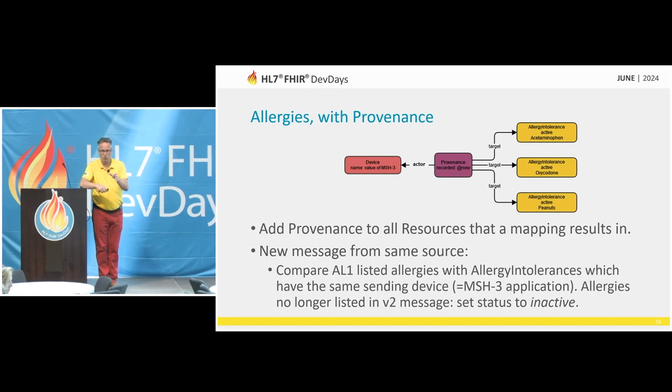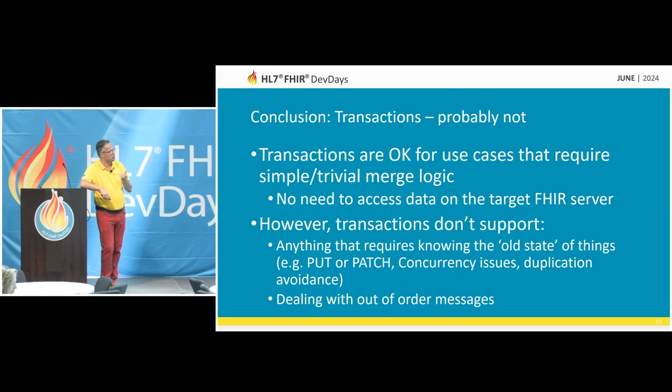But that means I can no longer use a transaction, because a transaction is a one-way mechanism. You translate the message into a transaction, you have it executed on the CDR, done. But now I found that there is a use case where I first have to go to the CDR and then decide exactly how I'm going to do the translation. In other words, conclusion, transactions, probably not.